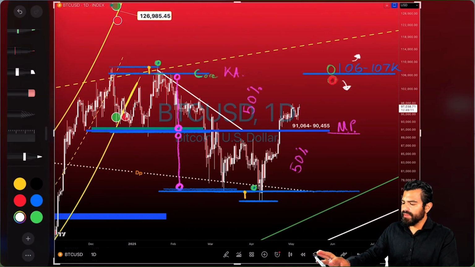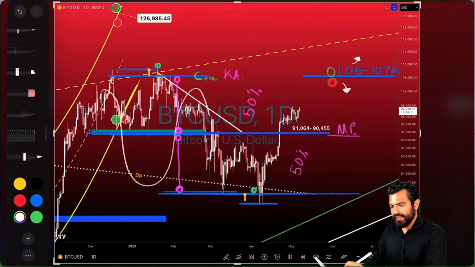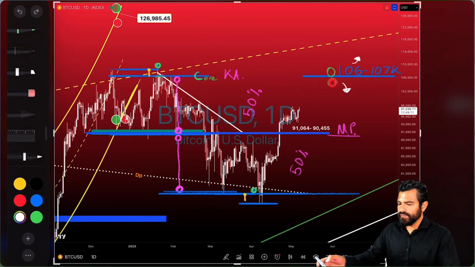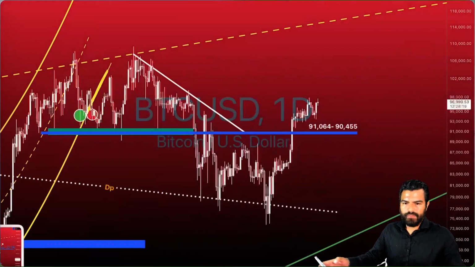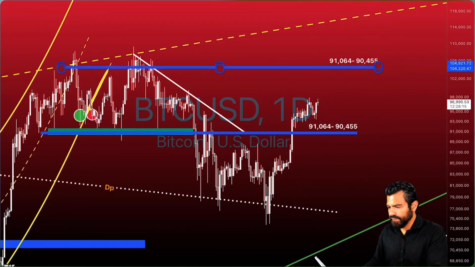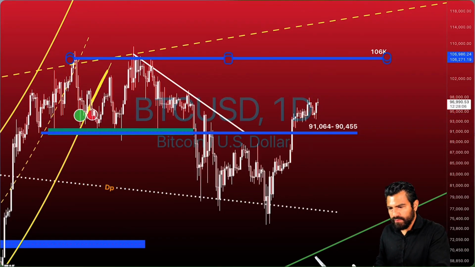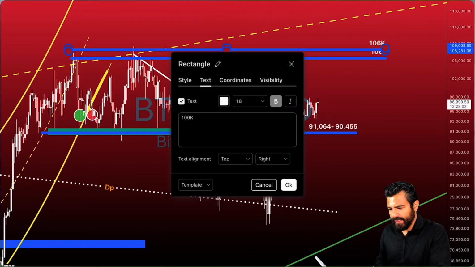So that's probably going to be our next top and bottom for Bitcoin if price is oscillating in an area like this. All right. I'm going to quickly duplicate this area. Here's 106. Here's the wick side, somewhere around 109.